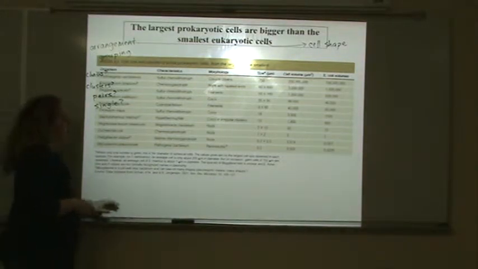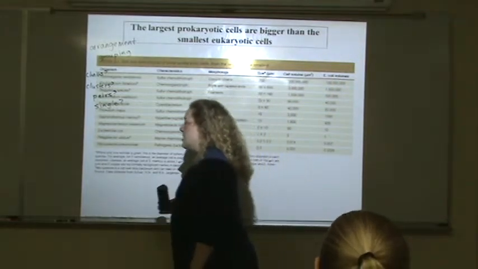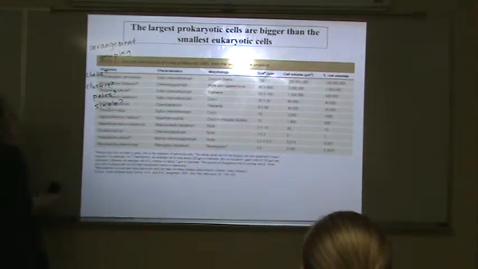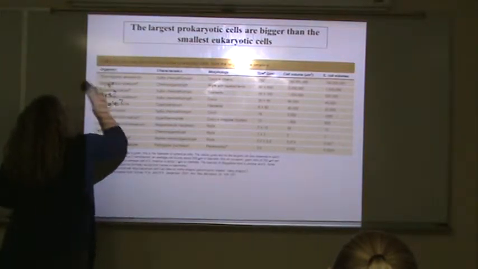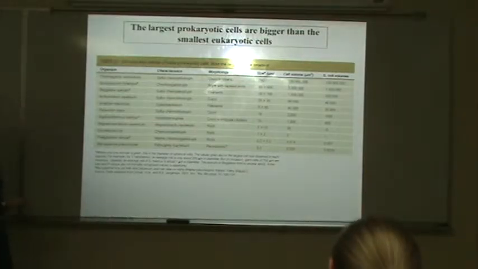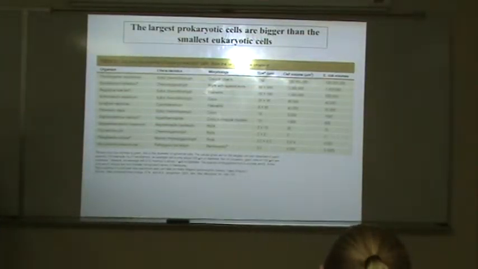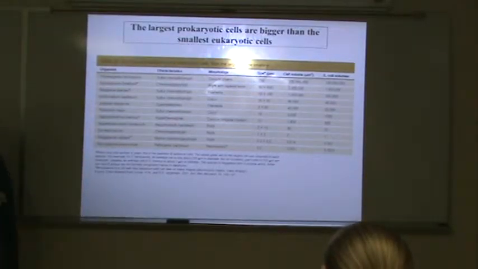Generally, prokaryotic cells are smaller than eukaryotic cells, but not absolutely always. So this chart, and whenever you have a chart for class, it's usually not that I want you to memorize the whole chart. In this case, I want you to see just generally the sizes.